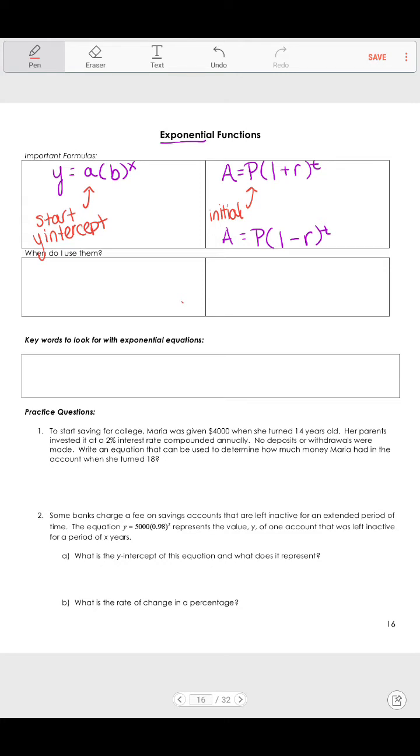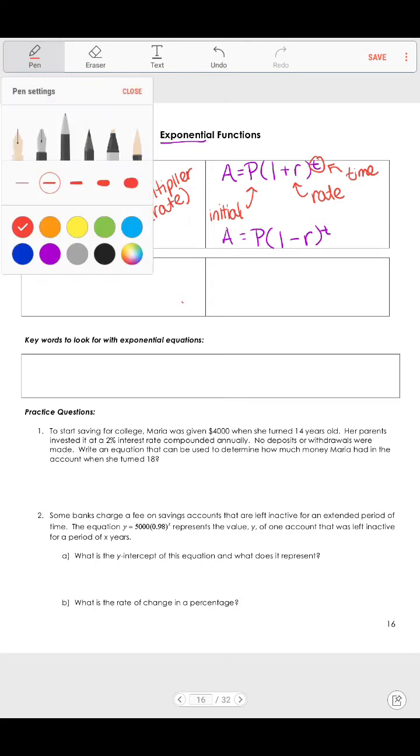And then the b represents the multiplier, or we also call that the rate. And that's the same thing as the r. x in this case can be anything. x, or the variable t in the case on the right, represents time specifically. Okay, but it's the same thing.